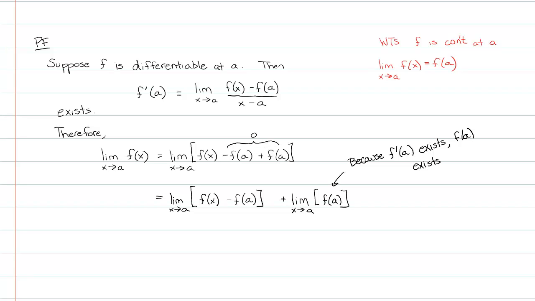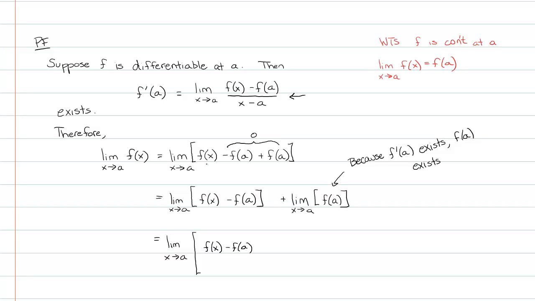We're still not sure about that first limit, but let's see if we can mangle it a little bit so that we can convince ourselves that the limit exists. The limit as x approaches a of, and now I'm going to do a big trick here, f of x minus f of a. Now remember, my goal is to use this limit right here.